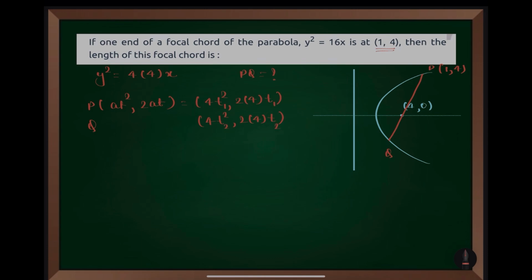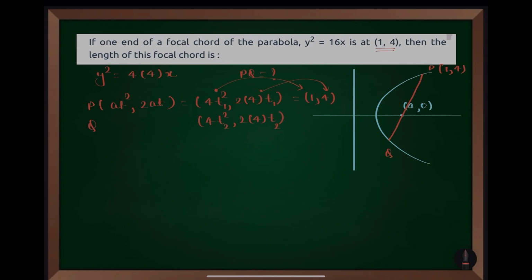Now look at this, how we will get the result done. So I know that in reality P is 1 comma 4, so you can compare this, but you have to take the intersection, because if you compare x you will get two values of t1.